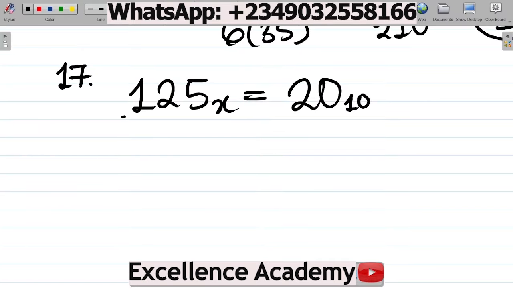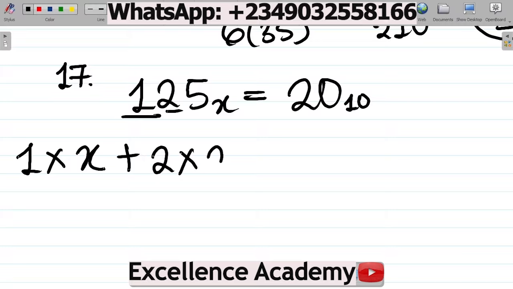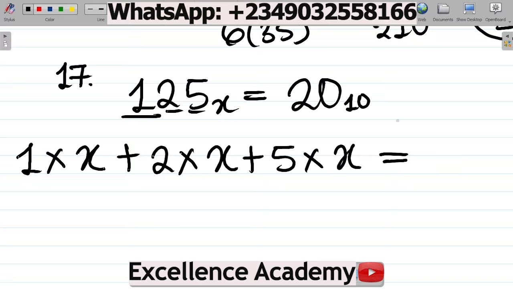Now all we have to do is take the first number there, 1 times the base x, plus 2 times the base x, plus 5 times the base x, and equate this to 20. The reason why we're not multiplying with x 10 here is because 10 is the natural base of numbers. So 20 base 10 is the same thing as just 20. We don't have to do times 10 for this.